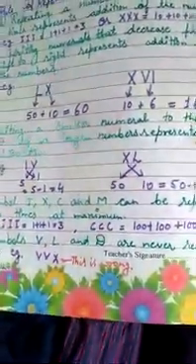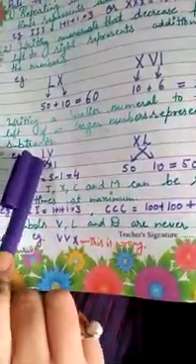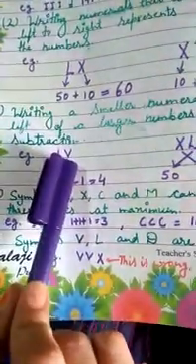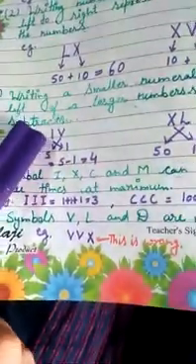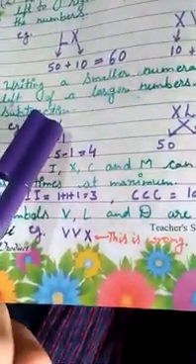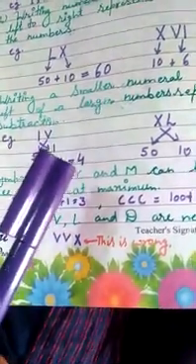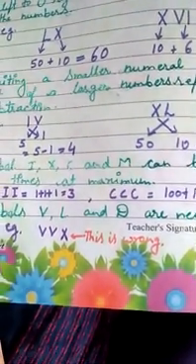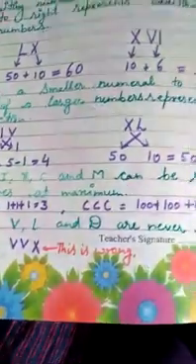Means, in this rule, we will write the smaller number on the left side and the larger number on the right side, like this: I and V. I represents 1 and V represents 5. Then 5 minus 1 is equal to 4. When we write the smaller number on the left side and the larger number on the right side, then we subtract the numbers. This is the rule of subtraction. I have one more example.